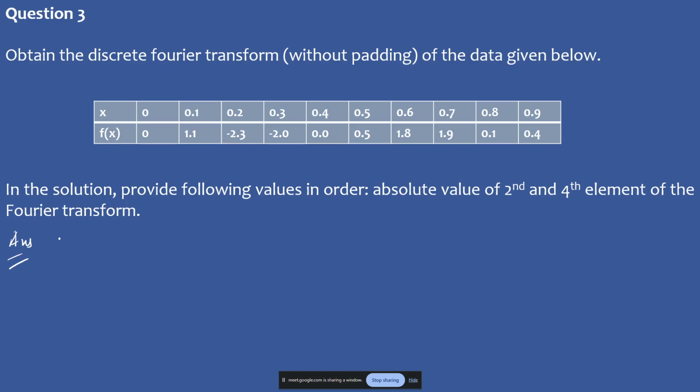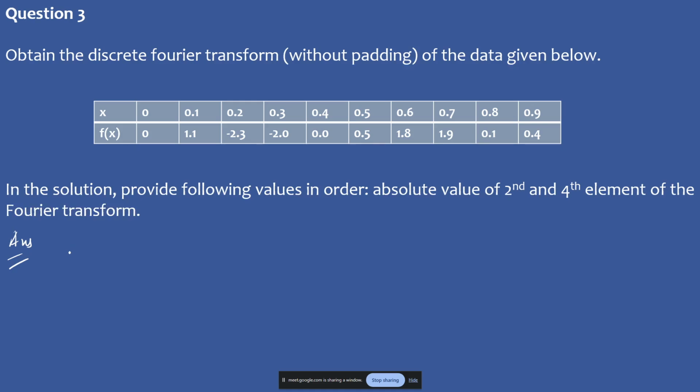To obtain the terms for that, your discrete Fourier transformation is given by the following. The different values of the discrete data that you'll be getting after the transformation, you can obtain using this particular relation.